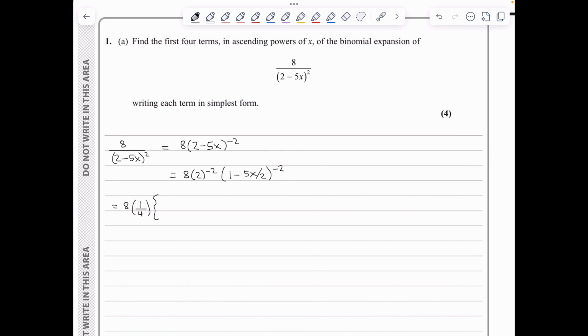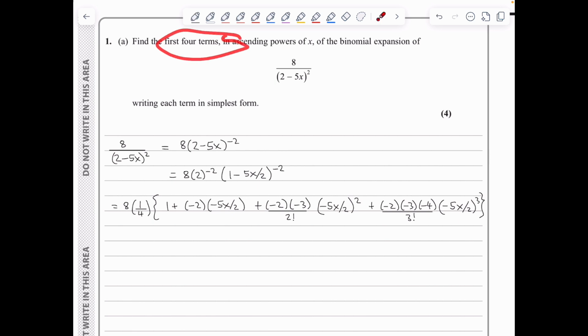So we're looking at 1 plus negative 2 times minus 5x over 2, plus negative 2 times, I will deduct 1 from the power to get negative 3, over 2 factorial times (minus 5x over 2) squared, plus negative 2 times negative 3 times negative 4 over 3 factorial times (minus 5x over 2) cubed. So we've got an infinite number of terms. I stopped at the term in x cubed because I'm being asked to find the first 4 terms.